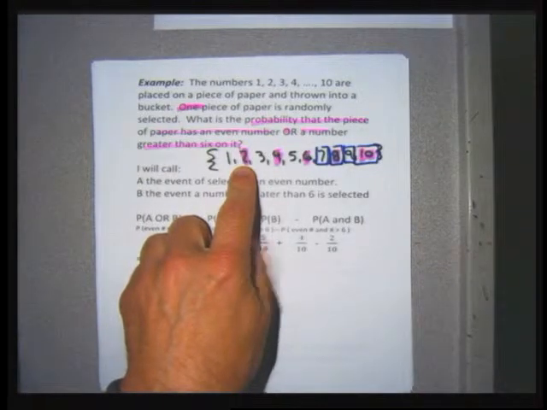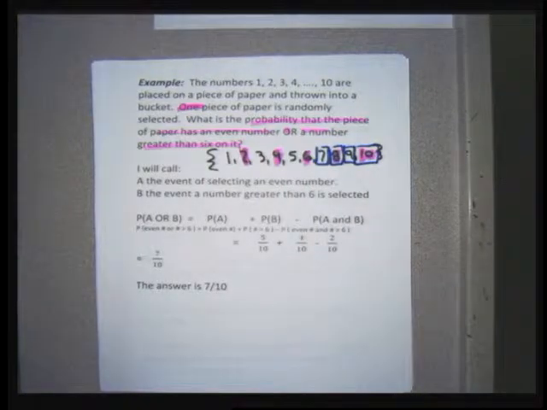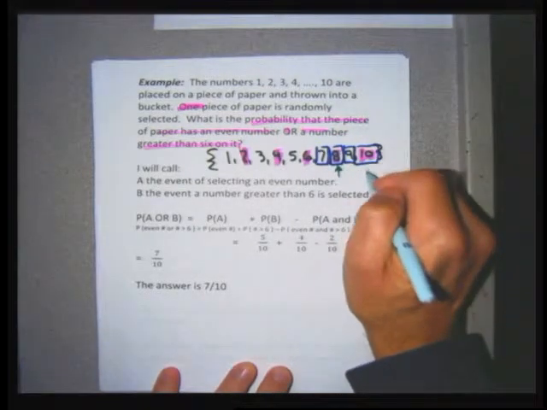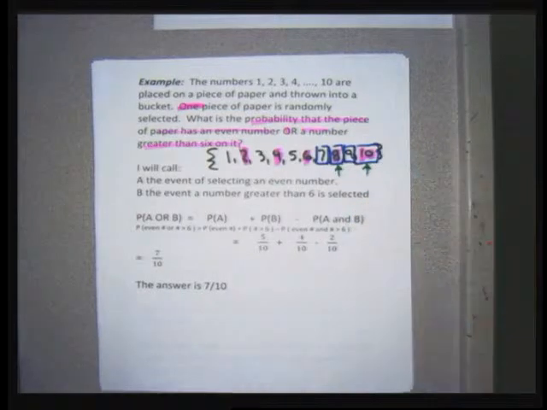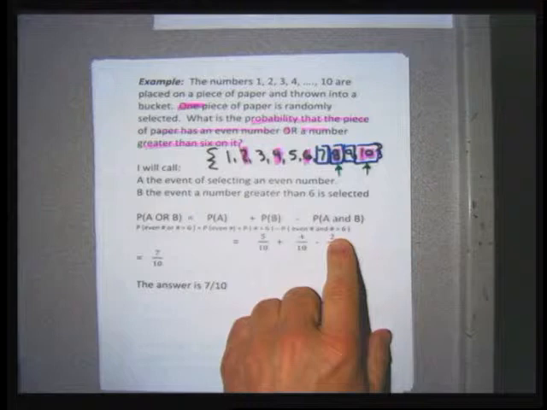When I did the probability of B, I marked the sample space items in blue, and any item that's in both pink and blue satisfies both A and B, and those are the items I need for the probability of A and B. So for the probability of A and B, there are two elements in the sample space that fit: they are even and they are greater than 6. So the probability of A and B happening simultaneously is 2 out of 10.